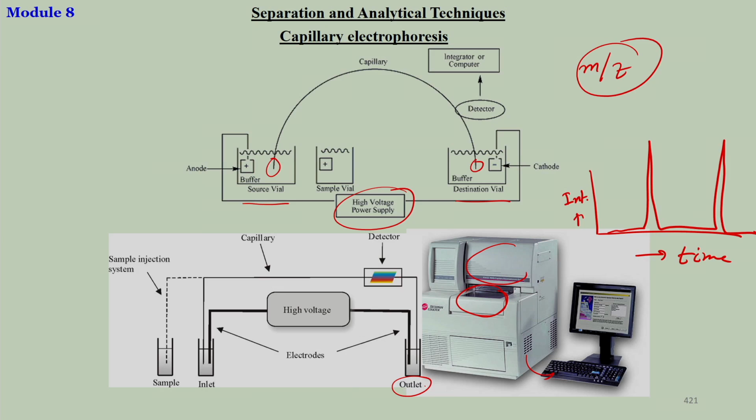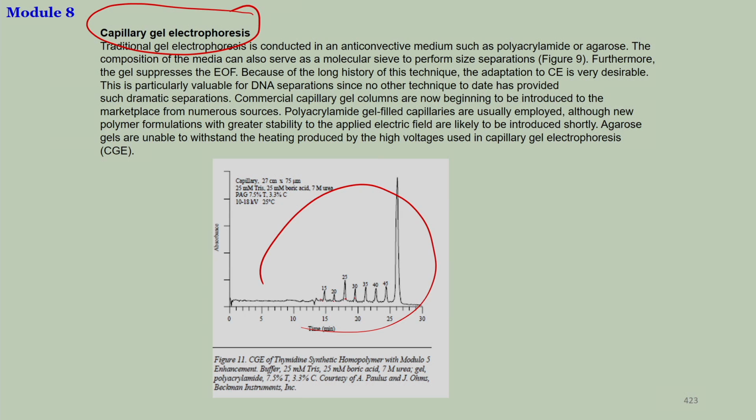Now, capillary gel electrophoresis I have talked about: in this case you fill up the capillary with gel. If this is your capillary, then the capillary is filled up with a conductive gel.